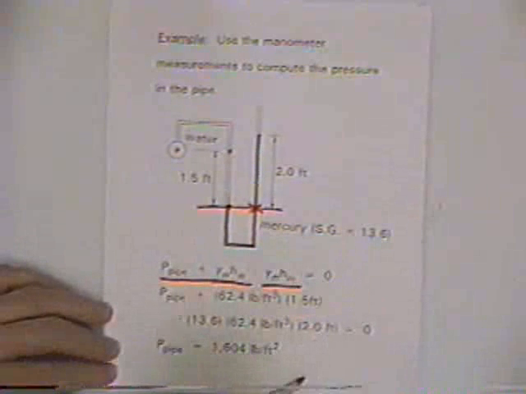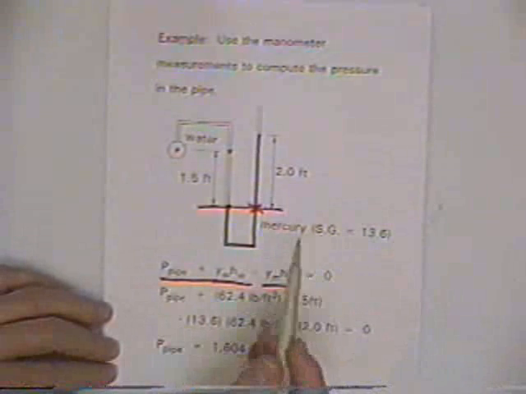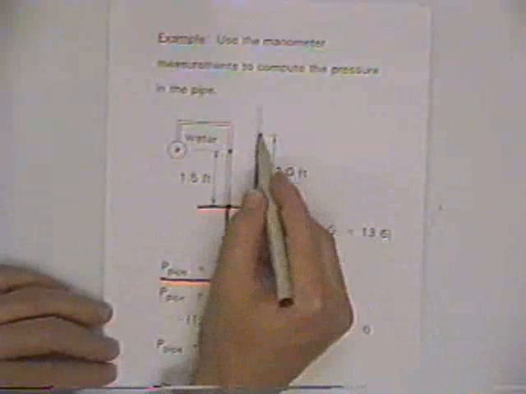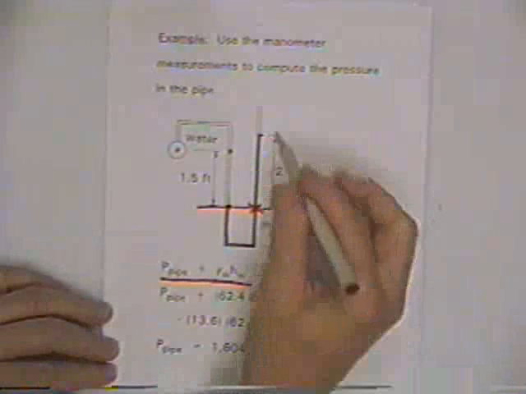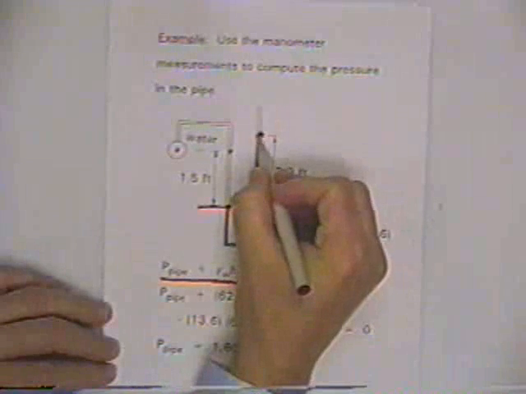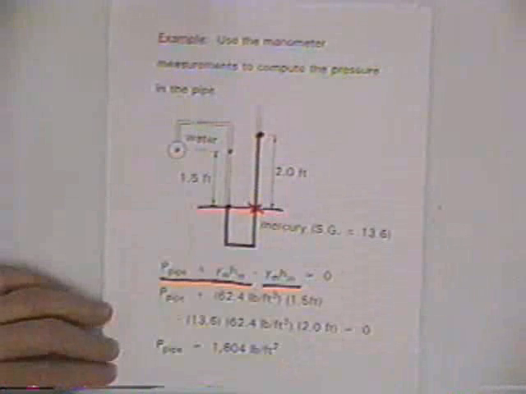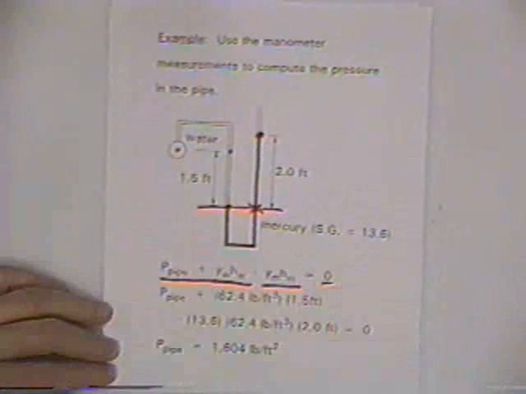Whatever the liquid might have been, it happens to be mercury. Its unit weight times the vertical column of the liquid there, and we can write that there, and that gives us the pressure there. And we're going to use gauge pressure, so that's atmospheric pressure, so it's 0. So we write it as 0.